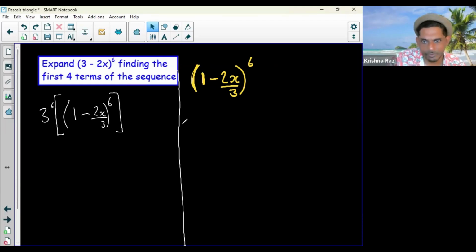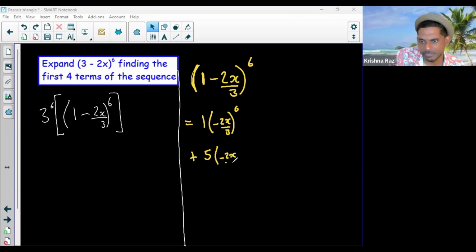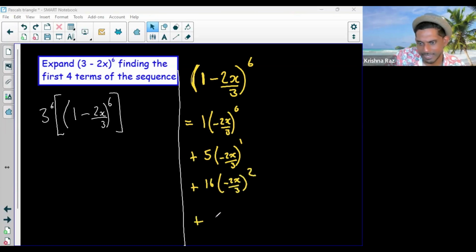So we will have one lot of minus 2x over 3 to the power of 0, plus 6 lots of minus 2x over 3 to the power of 1, 15 lots of 2x over 3 squared, and 20 lots of minus 2x over 3 cubed.